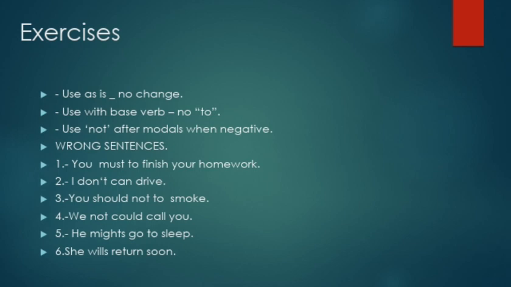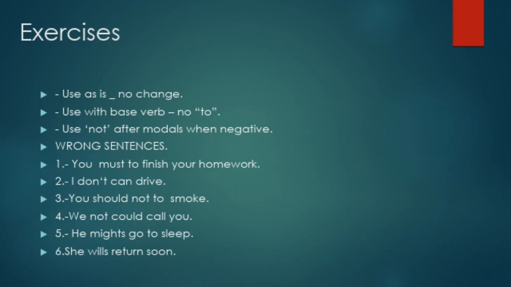There is something wrong with each and every one of these sentences. Number one, you must to finish your homework. What's wrong there? In this case, the mistake is to. We cannot use to in these sentences. The correct sentence is you must finish your homework. And we use rule number 2.